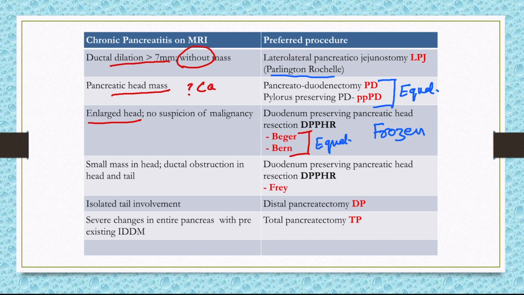Frozen section analysis is always done to exclude malignancy. Small mass in head, ductal obstruction in head entail duodenum preserving pancreatic head resection, Frey. Isolated tail involvement: distal pancreatectomy. Severe changes in entire pancreas with pre-existing insulin-dependent diabetes: total pancreatectomy.